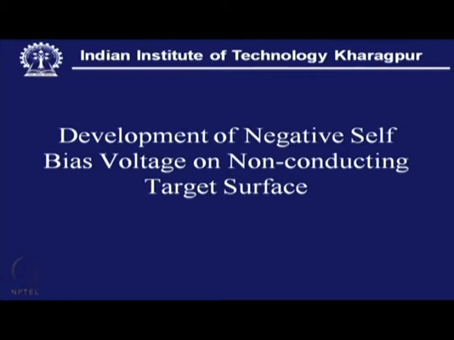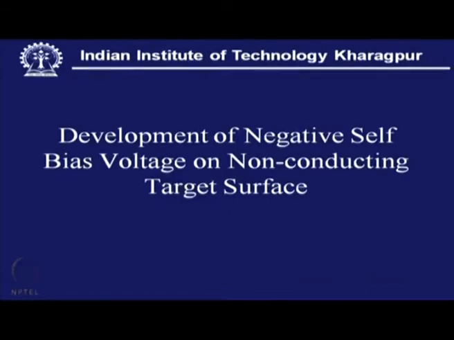Now, this development of negative self-bias voltage on a non-conducting target surface, we have been discussing how it is developed, but it can also be explained in another way. Let us have a quick look here.